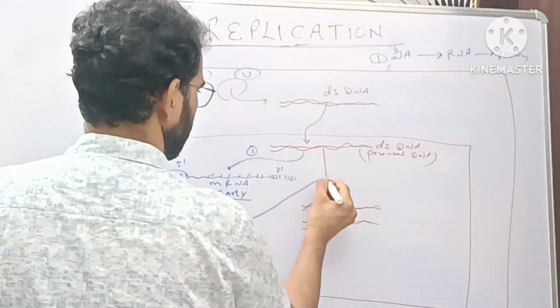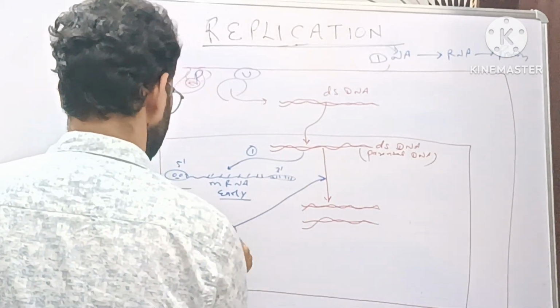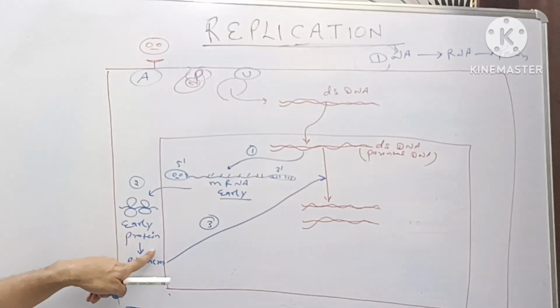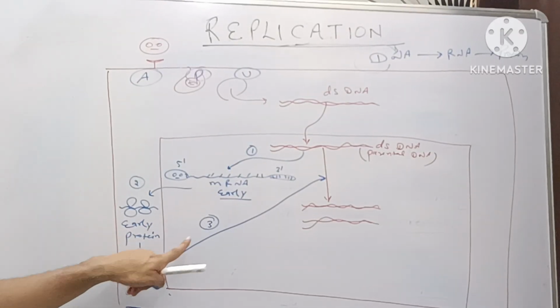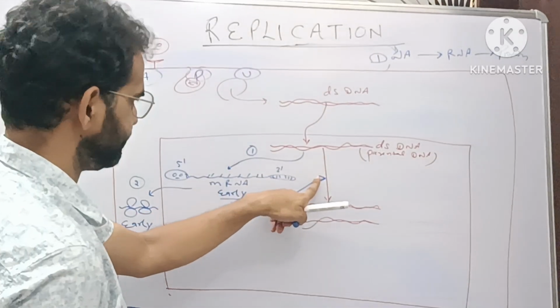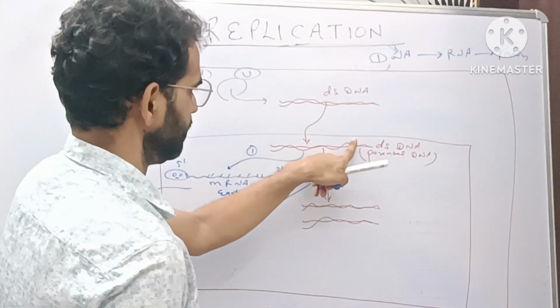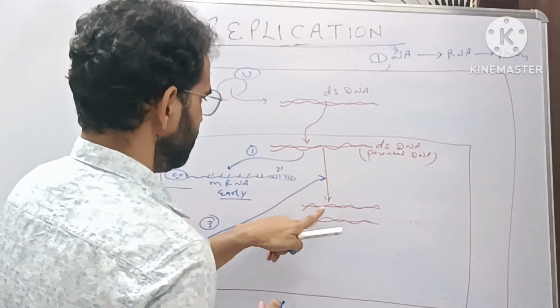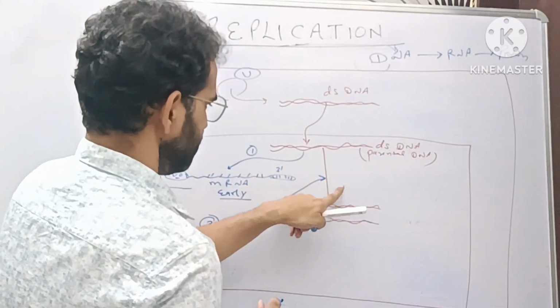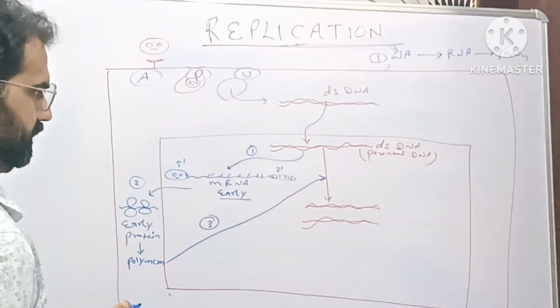This RNA polymerase, which is the product early protein polymerase of step 3, causes the double-stranded parental DNA to synthesize multiple DNAs.